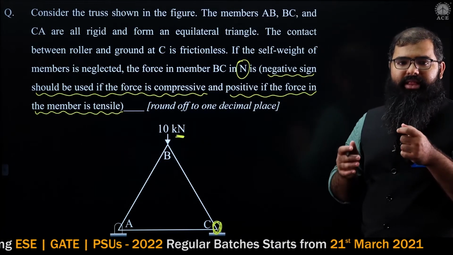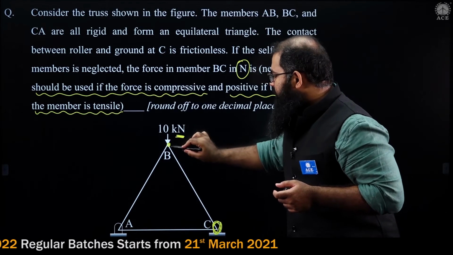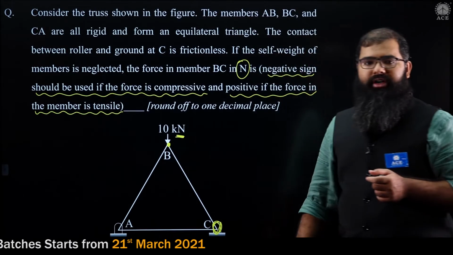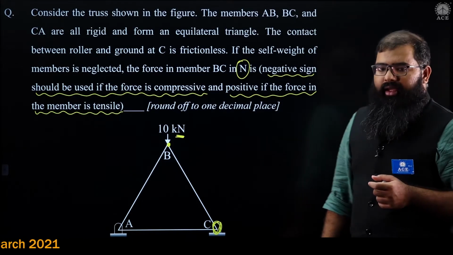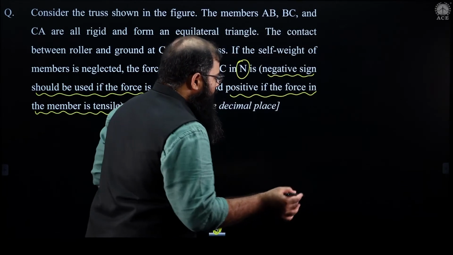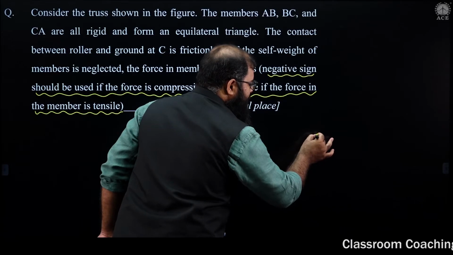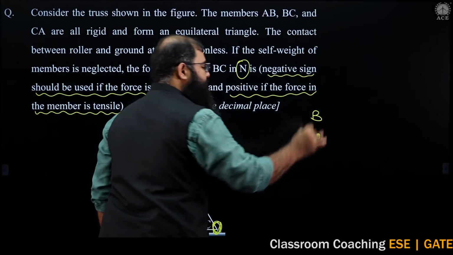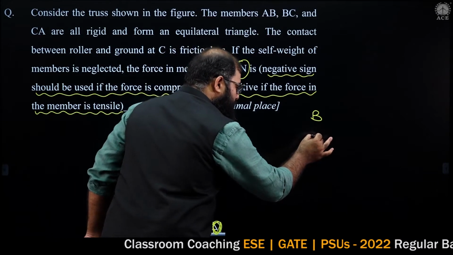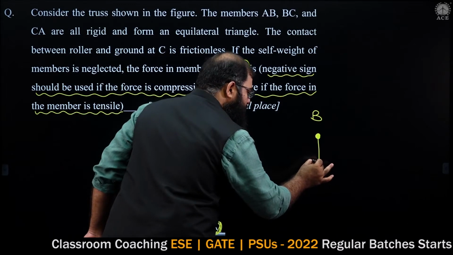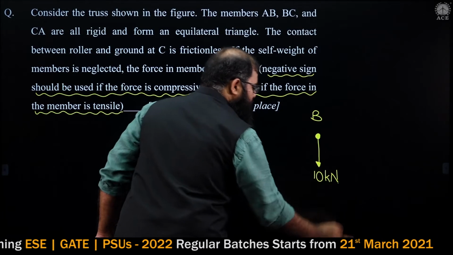I am going for method of joints, and that joint of interest for me is joint B. If I look at this joint, let us say this is my joint B. I have over here an input load that is equal to 10 kilonewtons.